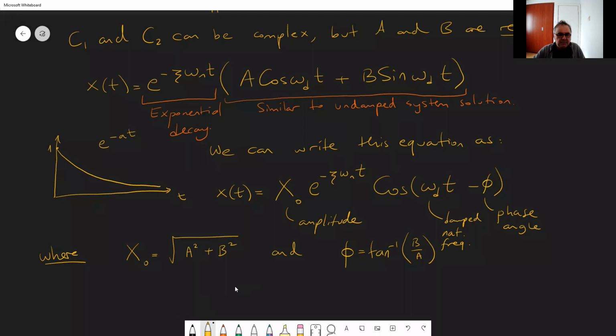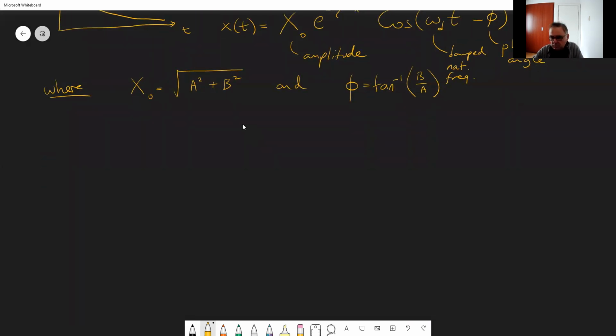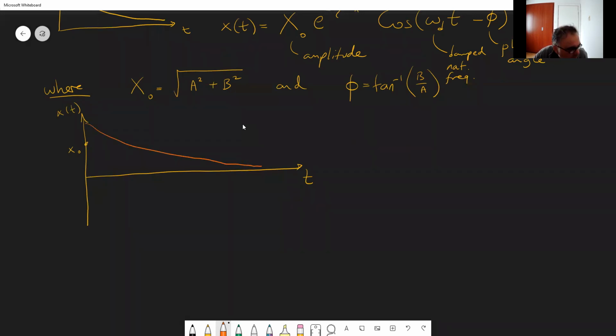So let me try to draw this. x of t, supposedly. You start from a small x0, the initial condition, and there might be a v0 as well. What you get is, first of all, there will be the decay terms, the so-called decay envelope.